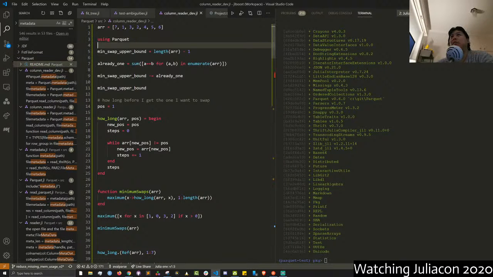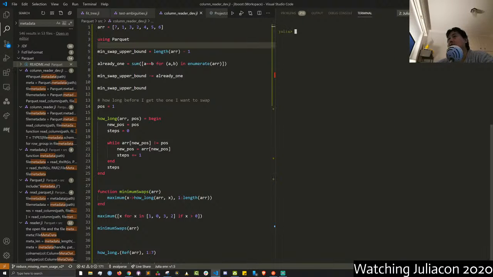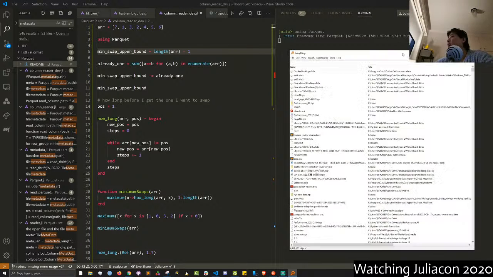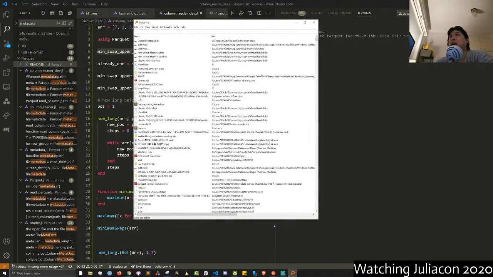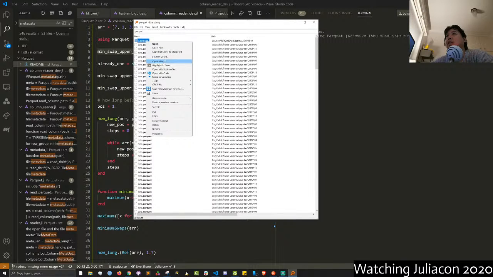Okay, so using Parquet, and for the life of me I can't remember where any of my Parquet files are, so let's try that. That looks okay.